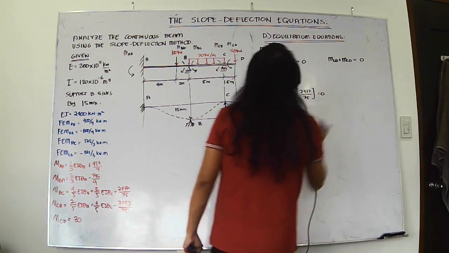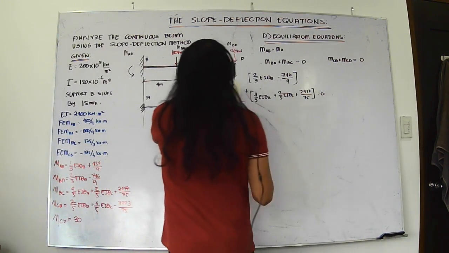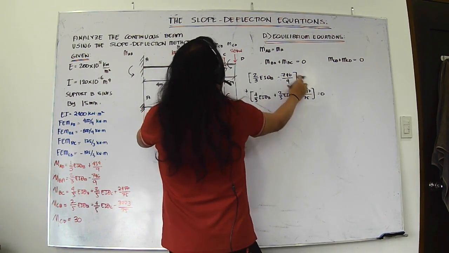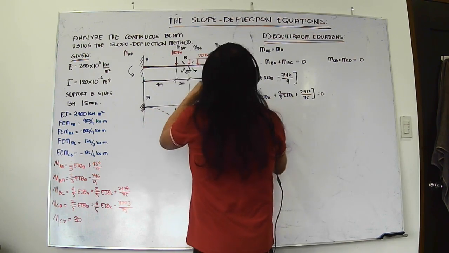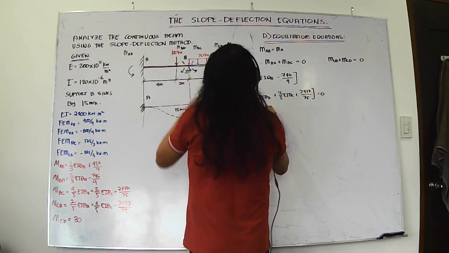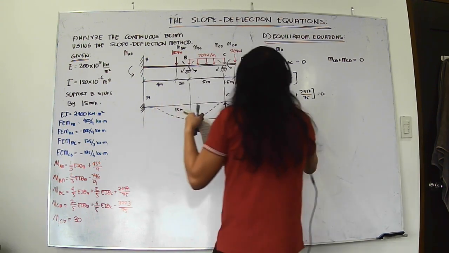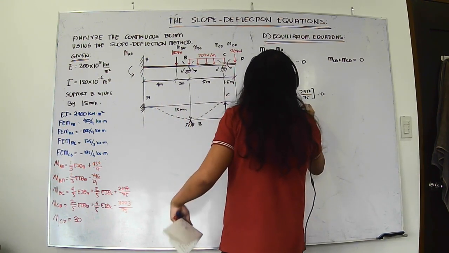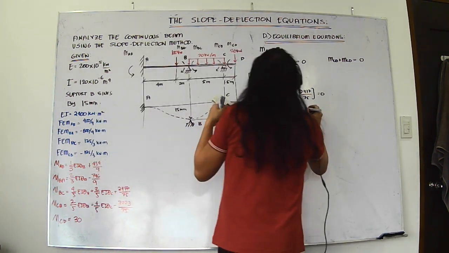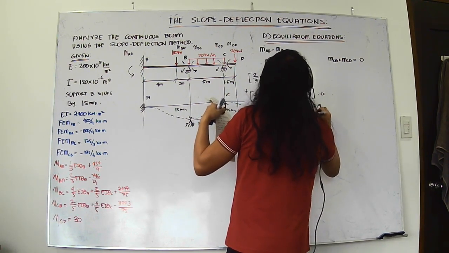All of this is equal to 0. Combining like terms and simplifying, I will have 22 over 15 EI theta B plus 2 over 5 EI theta C equal to 11219 divided by 225.